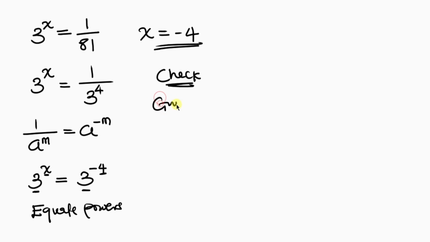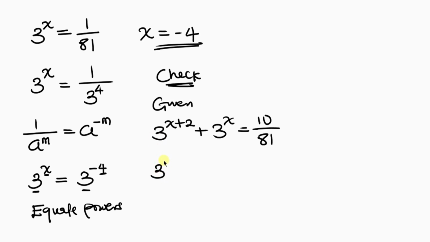The given question is 3 to the x plus 2 plus 3 to the x is equal to 10 all over 81. Now we're going to be slotting the value of x here. So this is 3 to the x is negative 4, plus 2, plus 3 to the x is negative 4, and will this be equal to 10 all over 81.